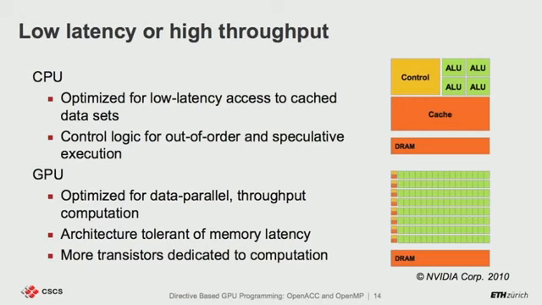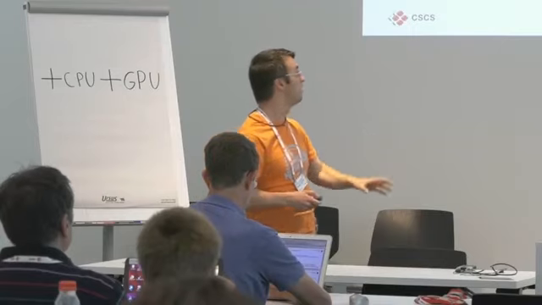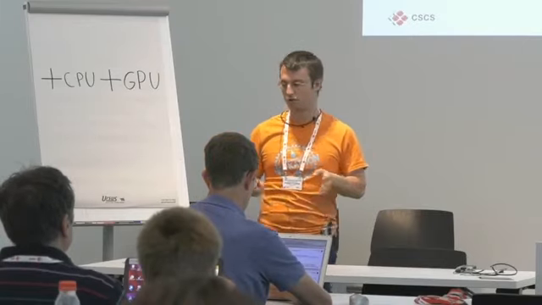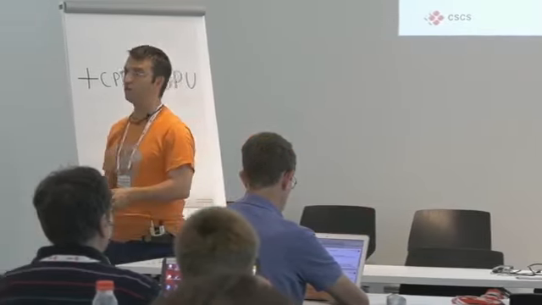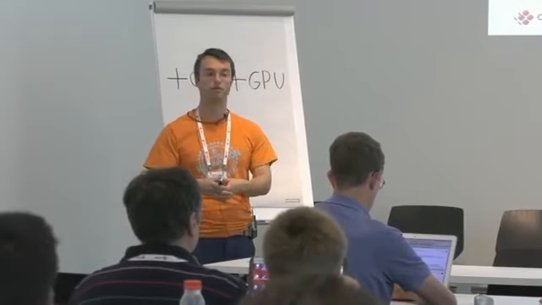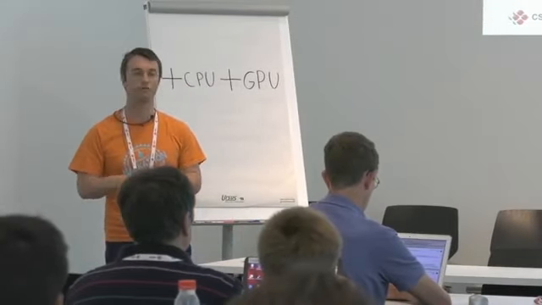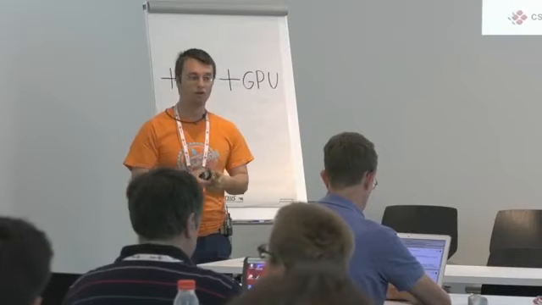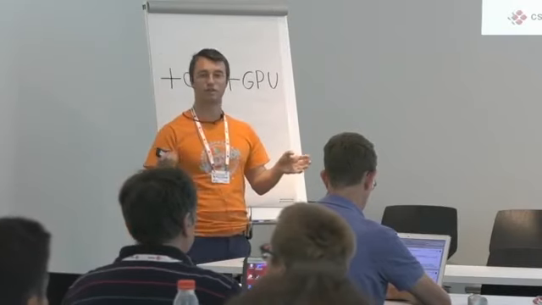For the CPU, you see that the majority of the die area is occupied by the caches. The cores are relatively small, and you have lots of die area dedicated to control logic. Why is this important? Because CPUs were not designed for throughput computing, not for scientific computing. They have to deal with lots of heterogeneous tasks.